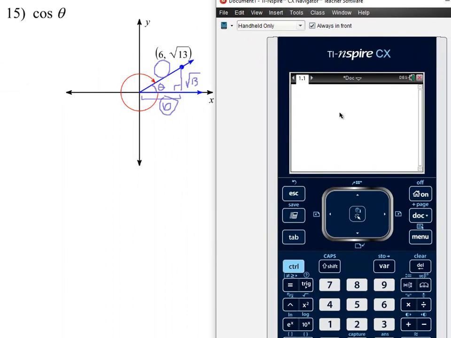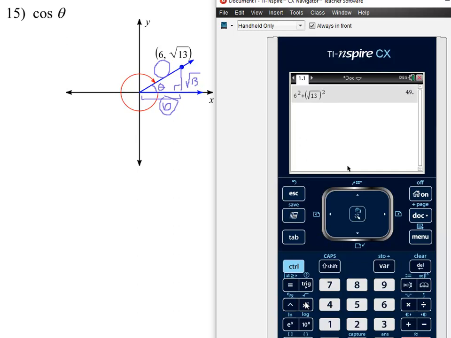So we know that a squared plus b squared, and even though it's negative, it doesn't matter if I put it in as a negative, because when we square it, it's going to come back out positive anyway, should equal c squared.